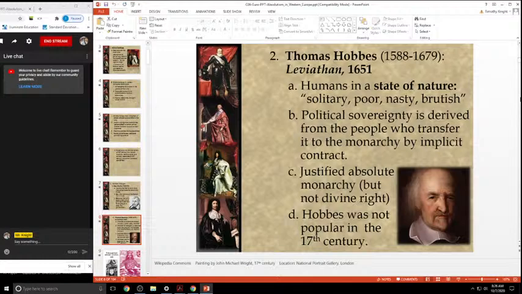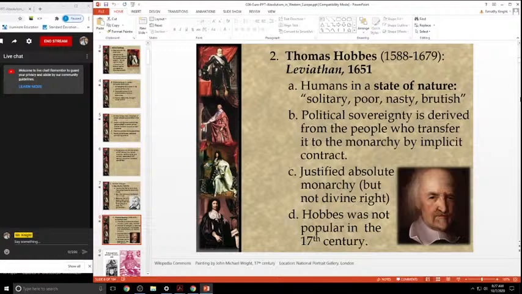And he basically said that the idea of absolutism is less about divine right, okay? It's not so much that God gave the power to kings to rule, but more by way of a political social contract between the governed and the government.